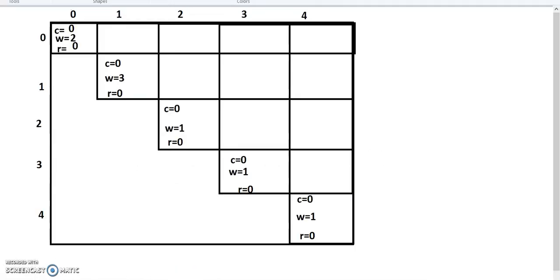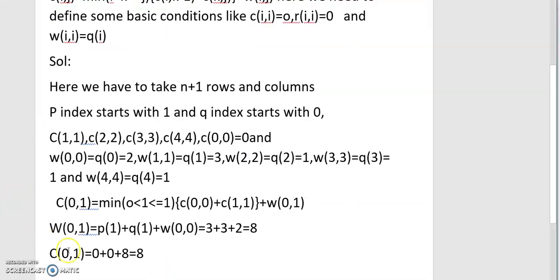So we should substitute C of 0 comma 1 equal to 8. And we have to find the weight also, right? W of 0 comma 1, how much? 8.